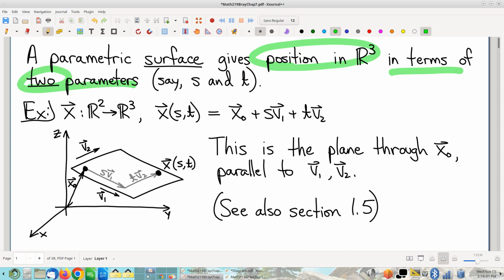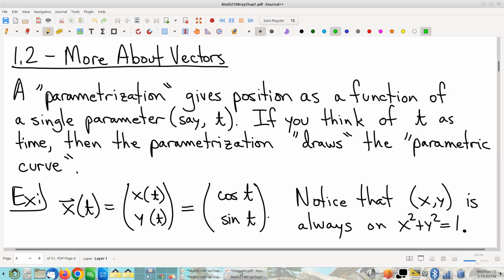Let me flash back real quick to where we talked about parametric curves. This goes way, way back to section 1.2, right? Long ago. And remember what a parametric curve is where you have position as a function of one parameter.